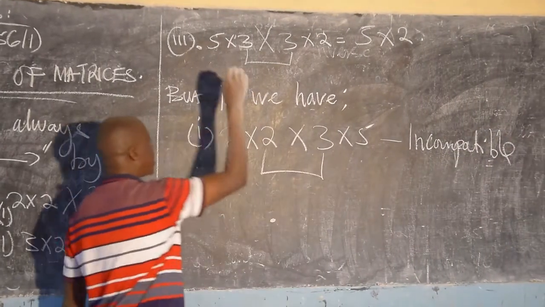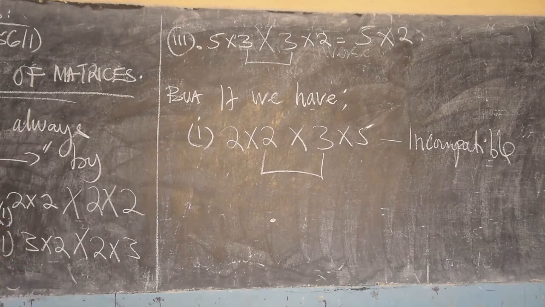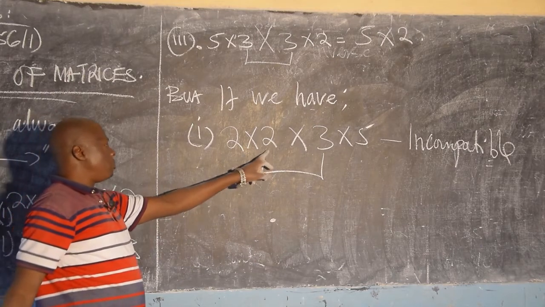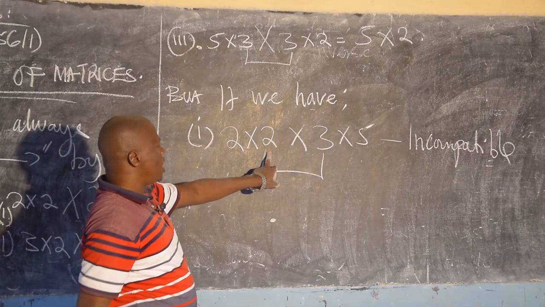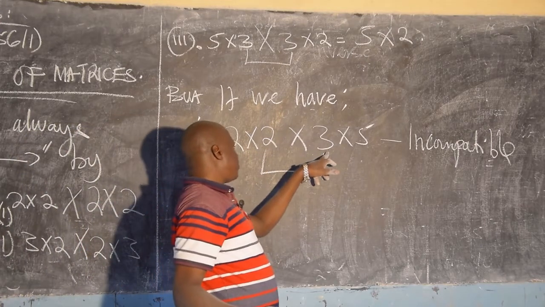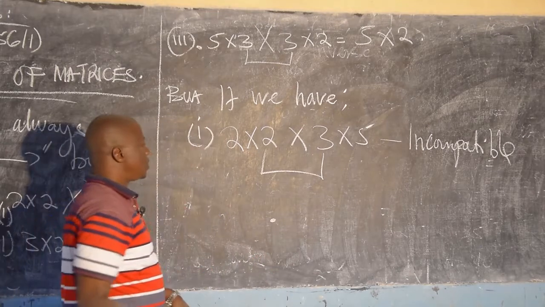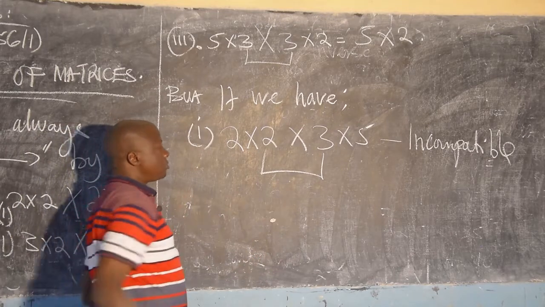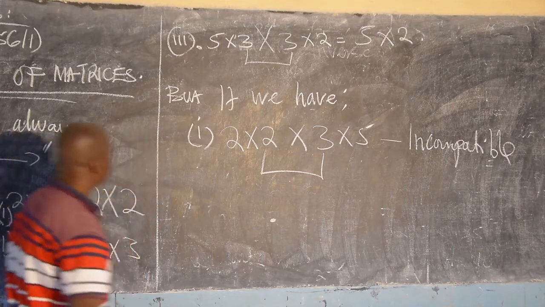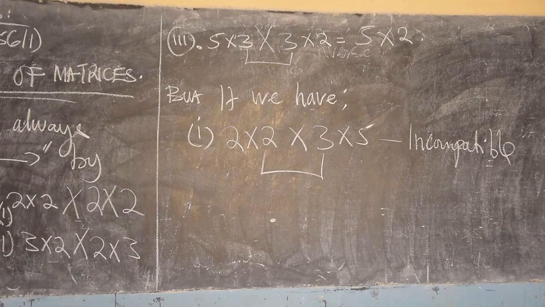These two numbers are not similar. Meaning that a column should be similar to this field. Okay? So this is incompatible, unworkable, and so let us have an example.